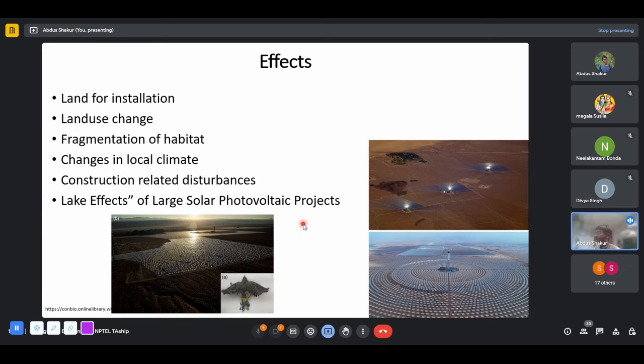Like we had a few for wind related effects. Some of those effects might be common between wind and solar, but these are some of the ones that are specific to solar.